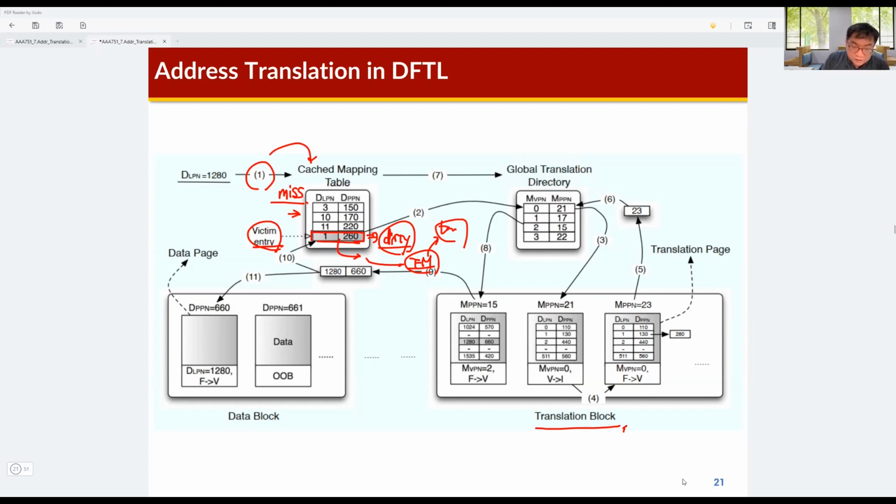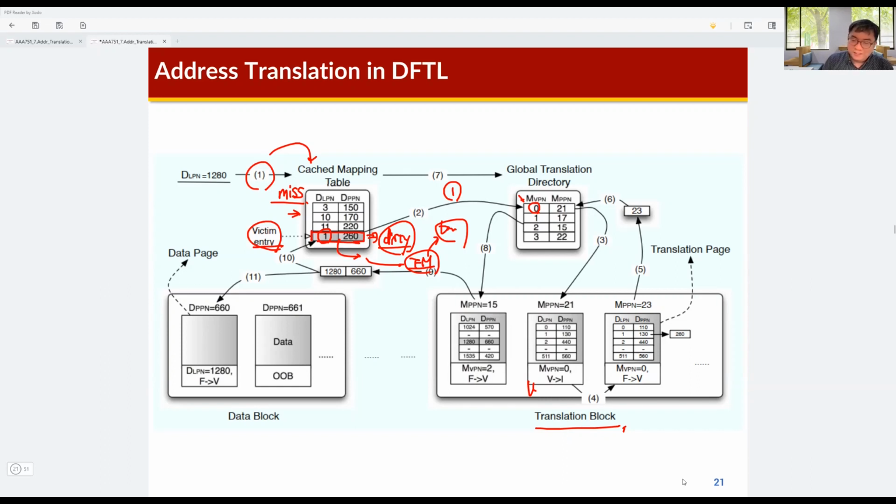So in this example, the LPN is 1. Then let us assume that each translation block has 512 translation entries. Because the LPN is 1, we can just access number 0. In this paper, the authors call this the virtual page number.